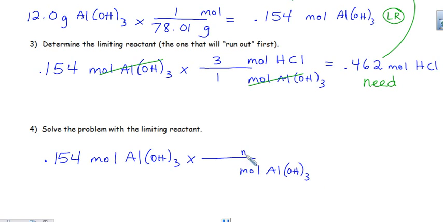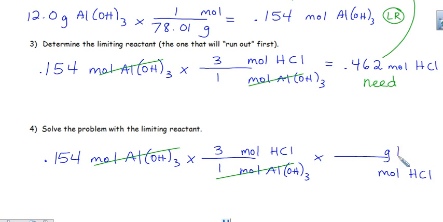And this time, instead of switching it to a product, they want to know how much acid can be neutralized. So plug in the ratio, 3-to-1, done. And now if they ask how many grams of HCl can be neutralized, we'll just tack on one more. We'll cancel moles and put it back in grams.